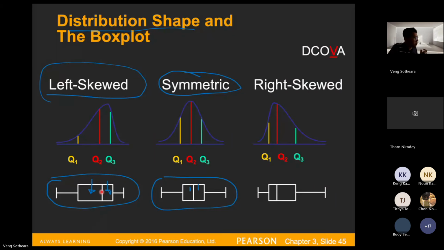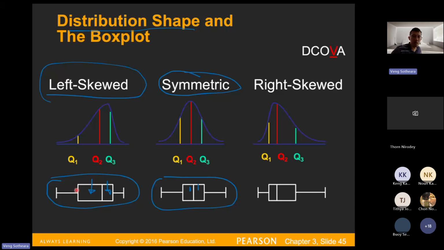Anybody, please? Just refer back to the way we get Q1, Q2, and Q3, right? So my question is, how much of the data set falls in between Q1 and Q2?